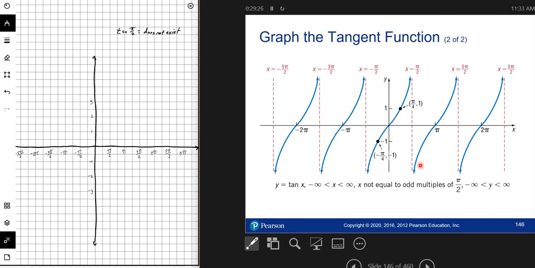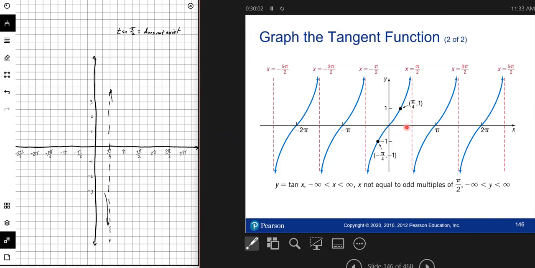If you remember from college algebra, a vertical asymptote is defined by the function as x approaches that x value, the function goes to infinity or negative infinity on either side of that x value. And that's what's happening here. Here it's on either side of pi over 2.